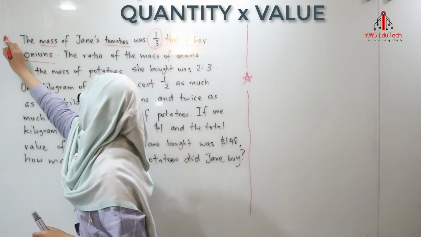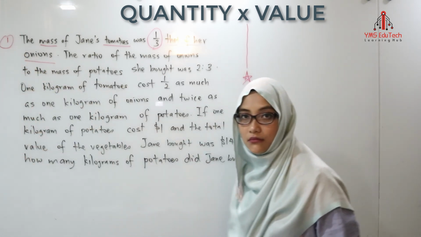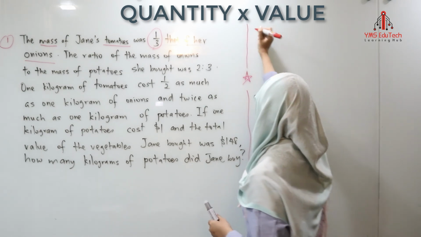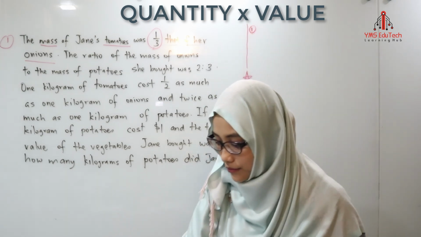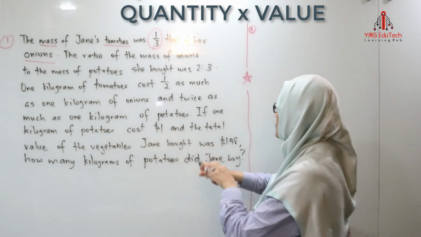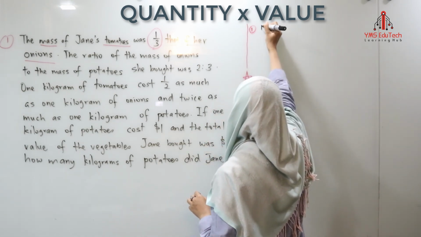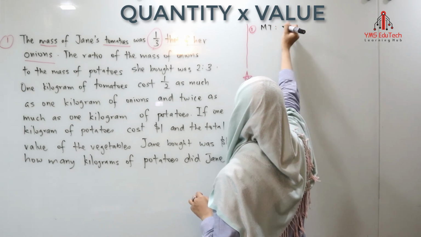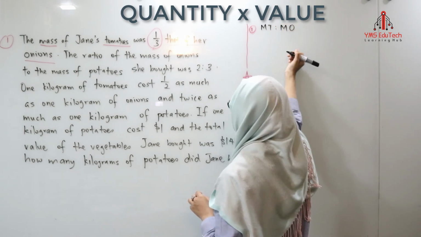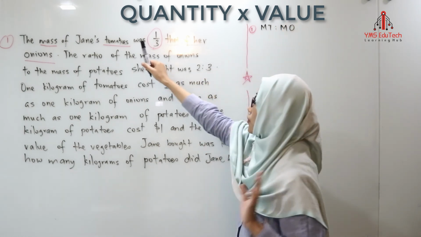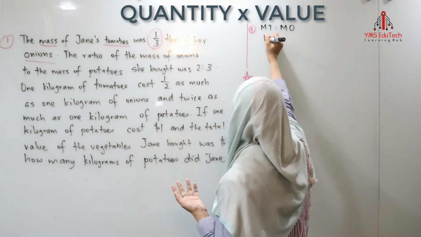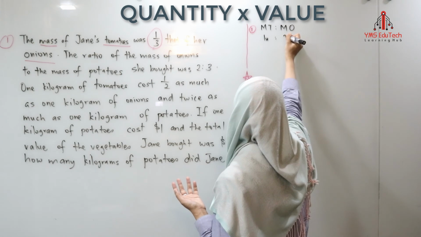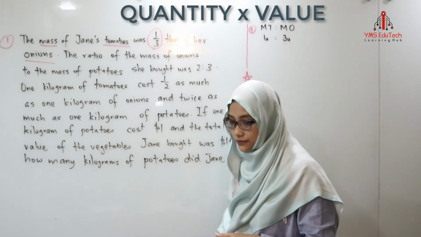This is information number 1. Tomatoes is to mass of onions: tomatoes are 1/3 that of onions. So that means mass of tomatoes was 1 unit, mass of onions 3 units.